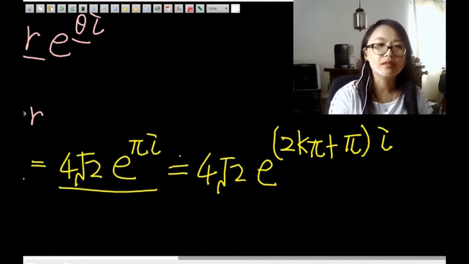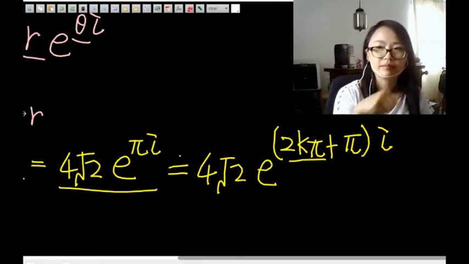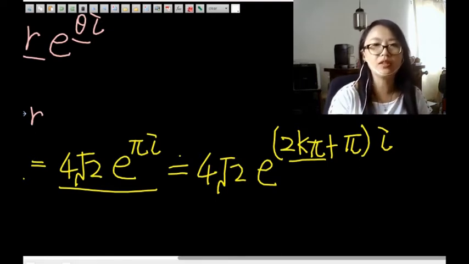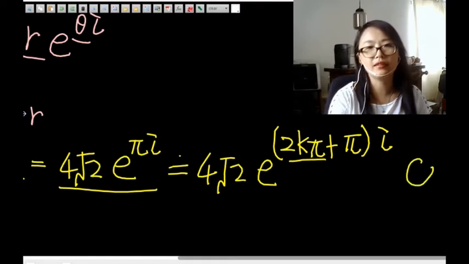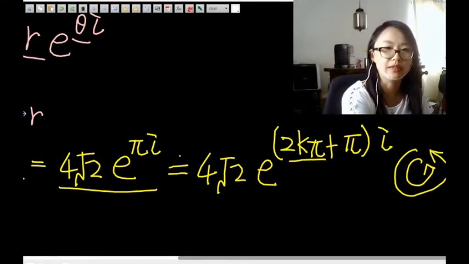This doesn't change the value of this complex number because 1 circle is 2 pi, 2 circles is 4 pi, 3 circles is 6 pi. No matter how many circles you add, you always end up in the same direction, so it doesn't change the direction of the complex number.